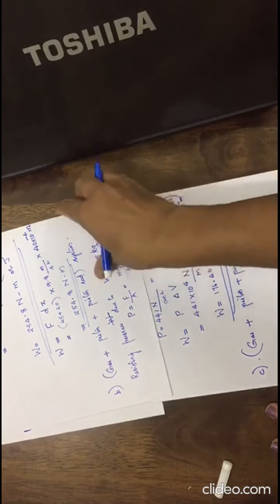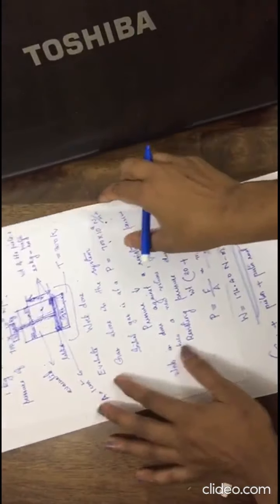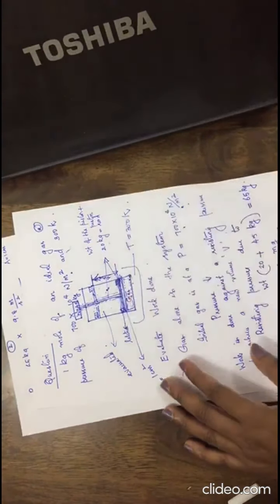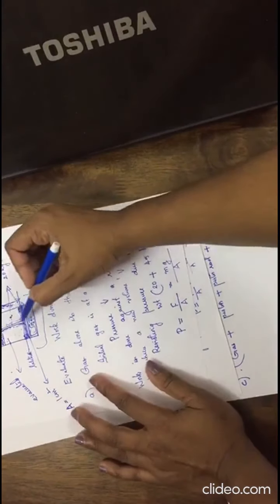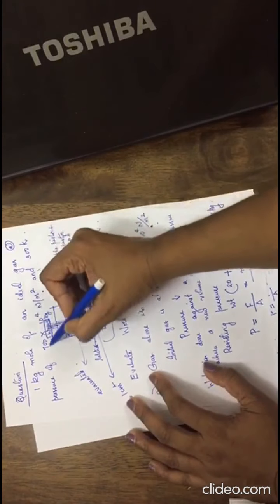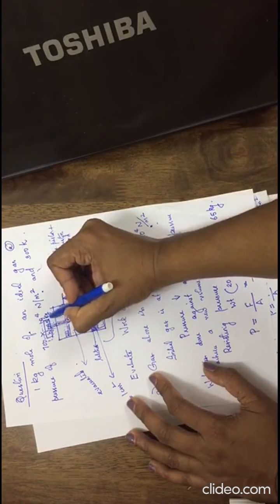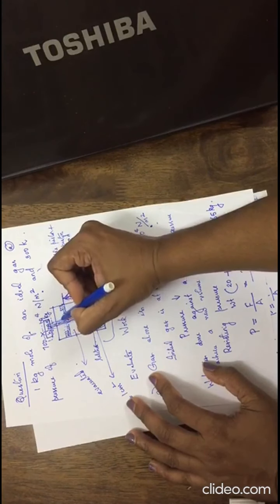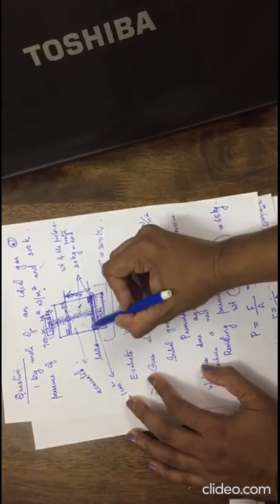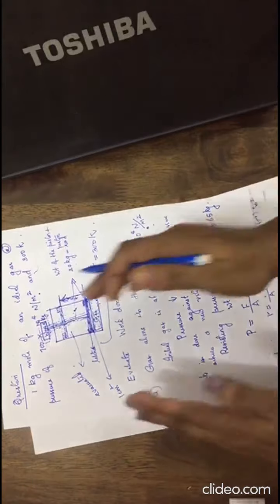So in this case, the gas plus the piston plus piston rod plus this weight together is considered to be the system. So the system boundary is now expanded, it is moved to a new system. So the gas, piston rod and this weight are entirely considered to be the system.